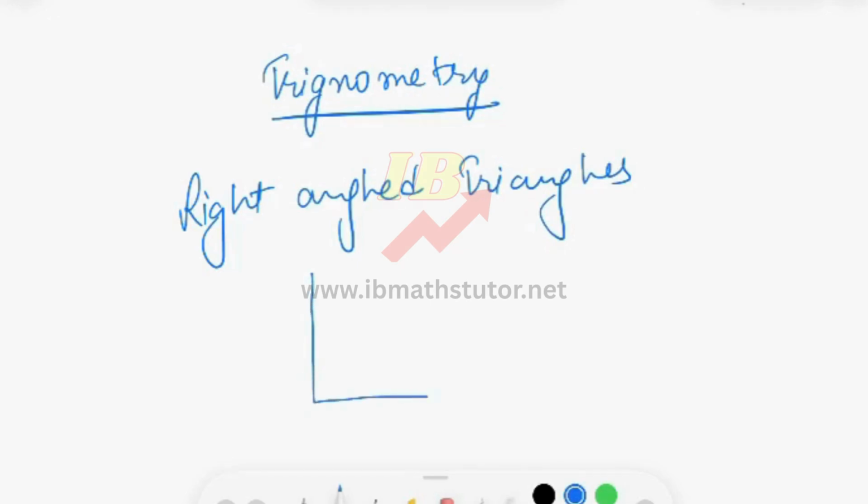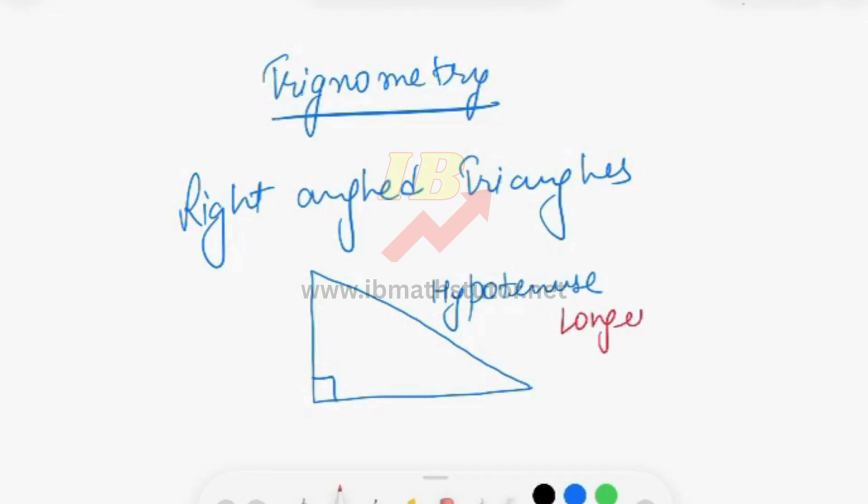Basically, when you see a right angle at any of the corners of a triangle, that makes it a right angled triangle. Opposite to the right angle, we can see one side which is called the hypotenuse, which is also called the longest side of this triangle.